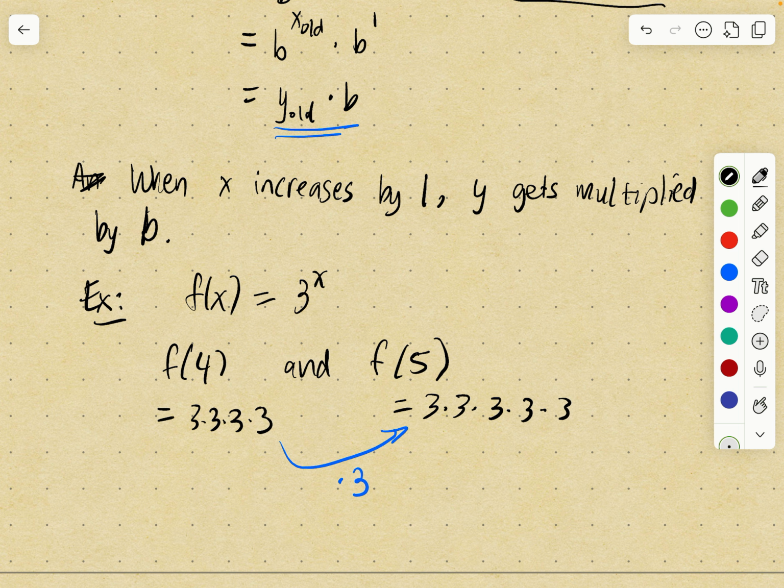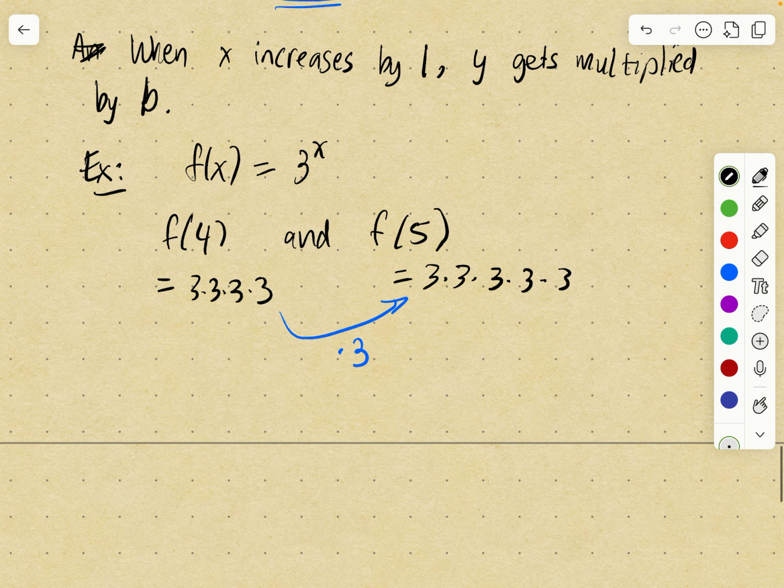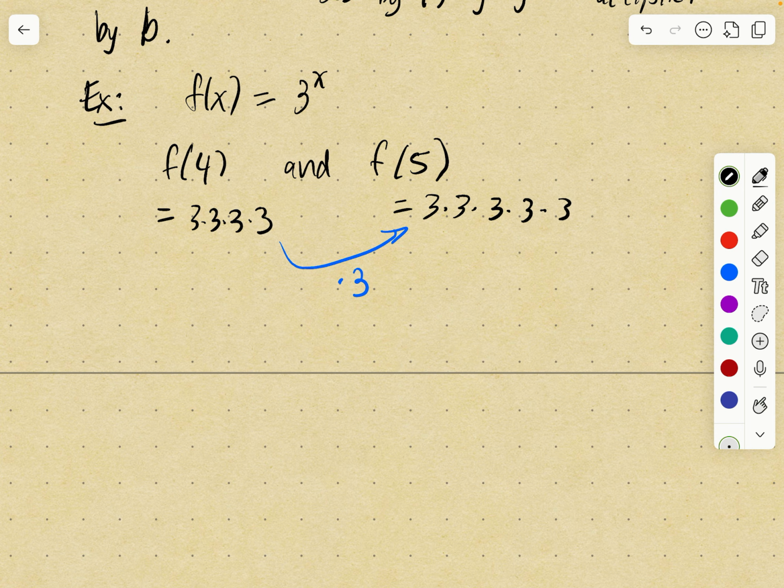So if f of x is 3 to the x, every time x increases by 1, f of x increases by a factor of 3. In other words, it triples. And so this can be used to describe what f of x equals b to the x does.